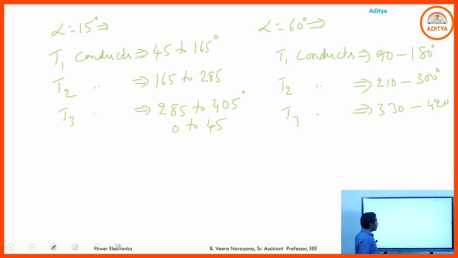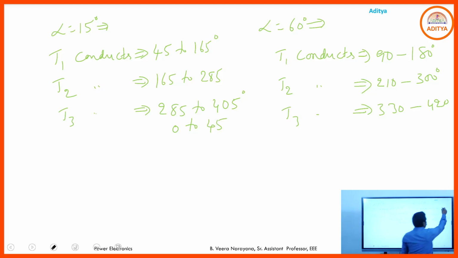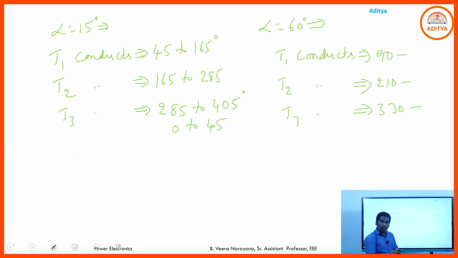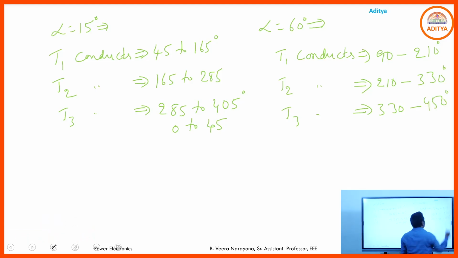So here the conduction of each SCR is 120 degrees. If you trigger T1 at 60, it comes to the on state at omega t equals 90. From 90 to 210 degrees it will be in the on state, and 210 to 330 it will be in the on state. 330 to 450 it is in the on state.